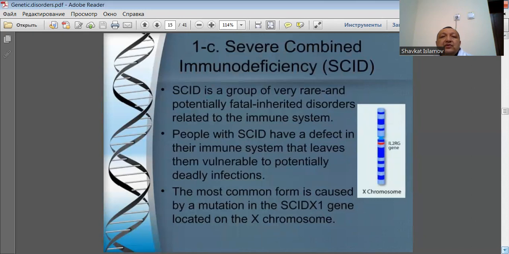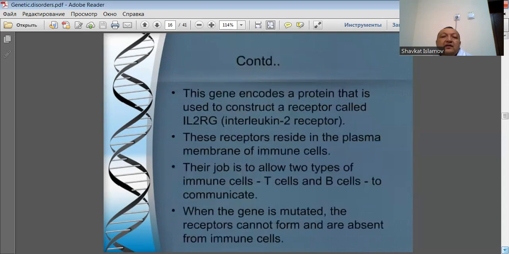1c. Severe combined immunodeficiency is a group of very rare and potentially fatal inherited disorders related to the immune system. People with these syndromes have a defect in their immune system that leaves them vulnerable to potentially deadly infection. This gene encodes a protein that constructs a receptor called IL-2RG, interleukin 2 receptor.